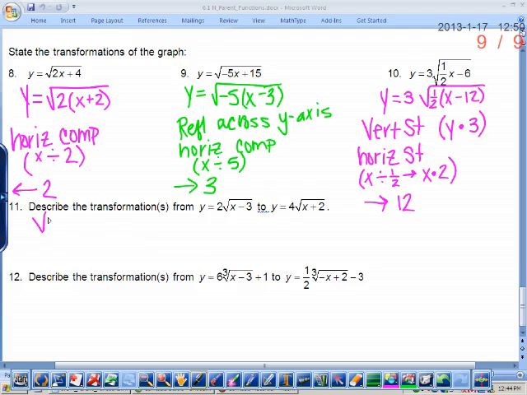Yeah, so the transformation was a vertical stretch by 2. The left 5. Good, because to get from -3 to +2, you had to add 5, right? But adding 5 on the inside is the same as going to the left 5.